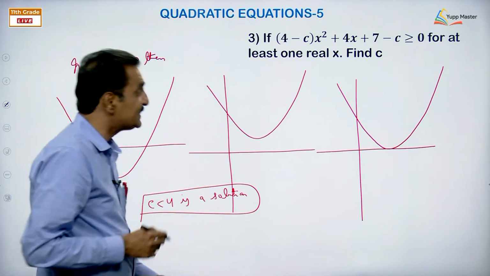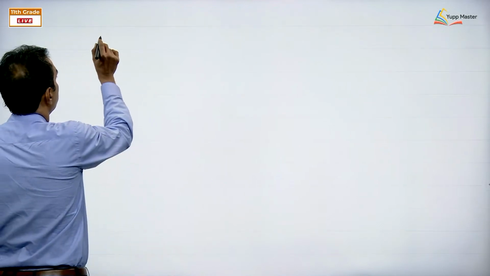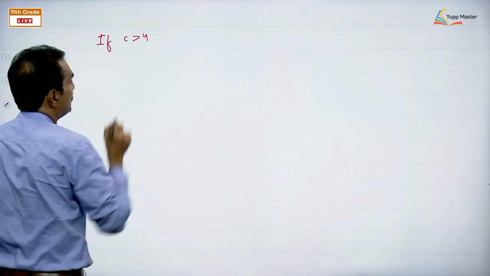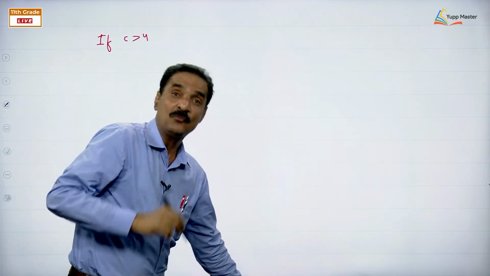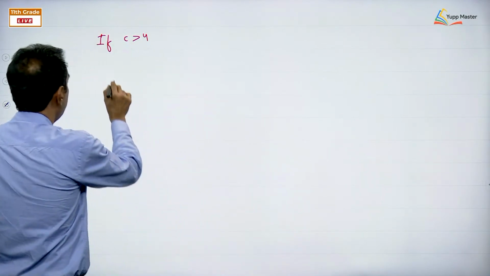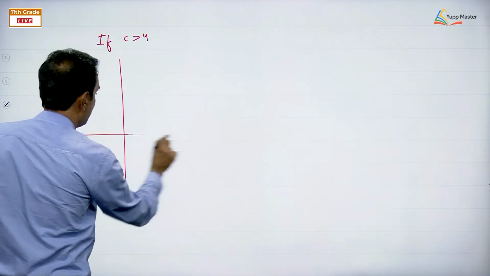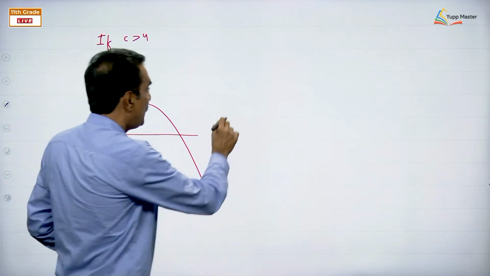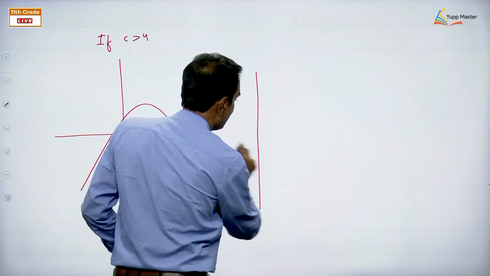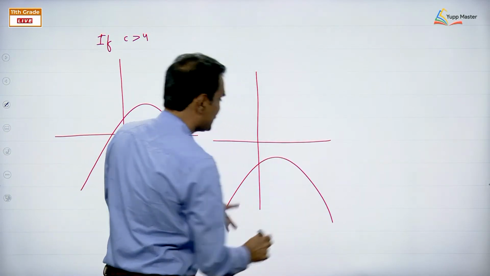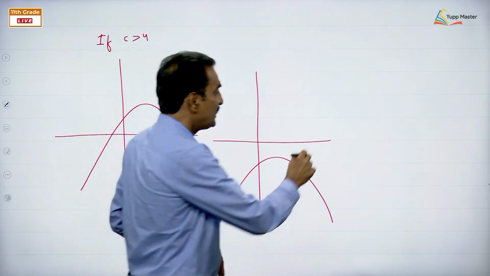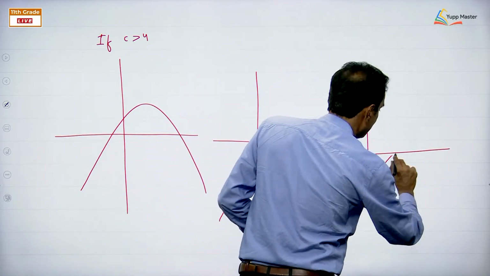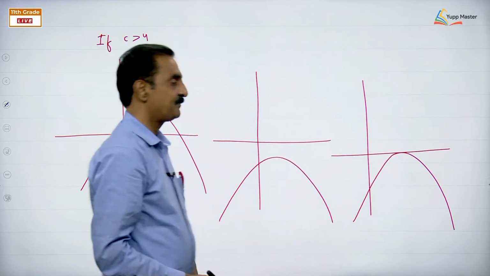Now, if c is greater than 4, then the graph is a downward parabola. It may be like this, intersecting the x-axis, or it may be completely below the x-axis, or it may be touching the x-axis.